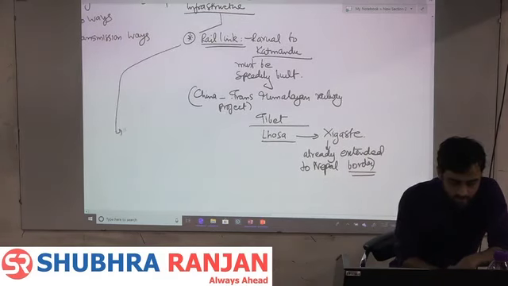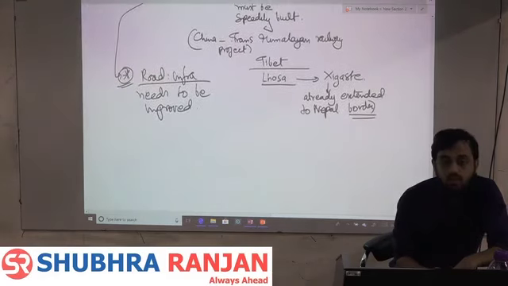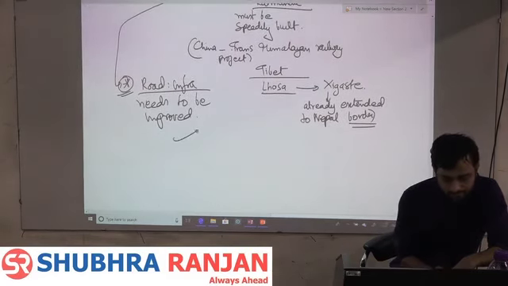Okay, rail link is fine, but road infrastructure also needs to be improved. Which road infra, sir? Lumbini to Bodh Gaya.